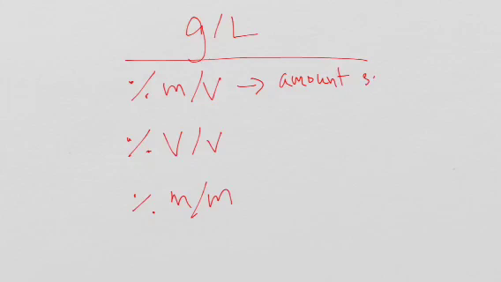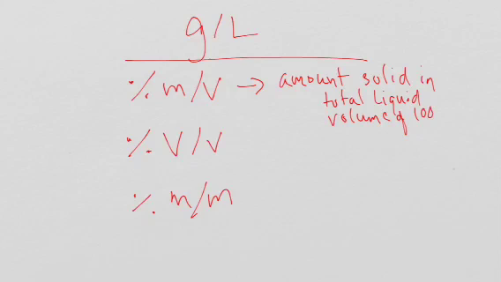The percent mass over volume just means an amount of solid in a total liquid volume of 100 milliliters. This next one, volume over volume, is an amount of liquid solute in a total amount of 100 milliliters.